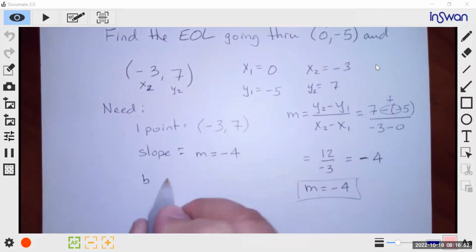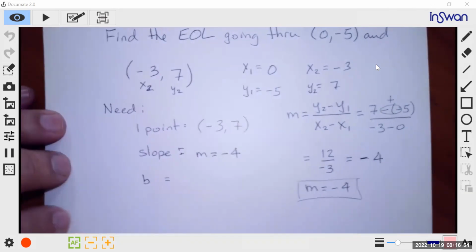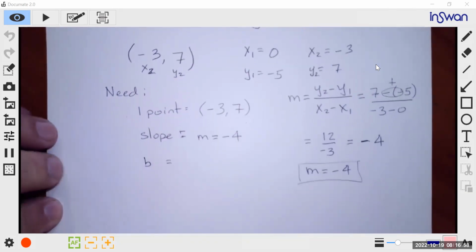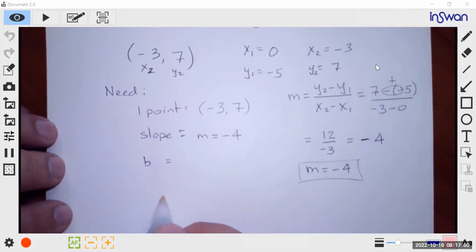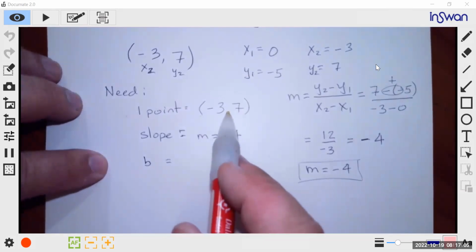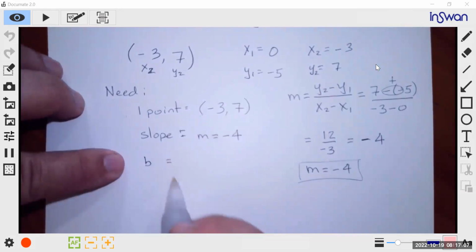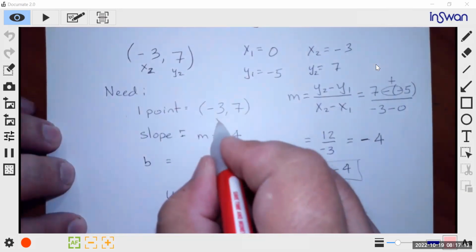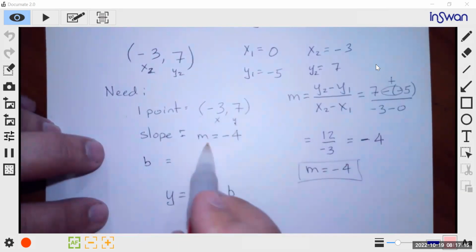We also need the y-intercept. Do we have the y-intercept yet? So how do we find the y-intercept? Yeah, that's why we did this. If you fill it up this way, use this point, use that slope. Let's find b. This is x, this is y, and this is m.